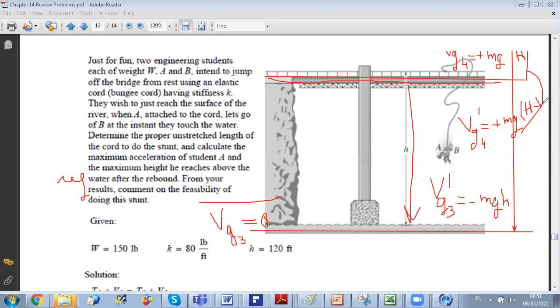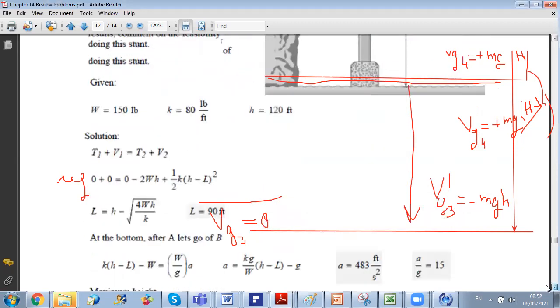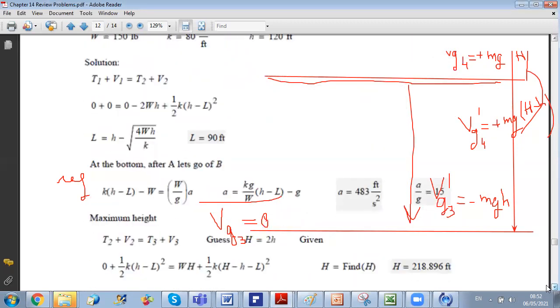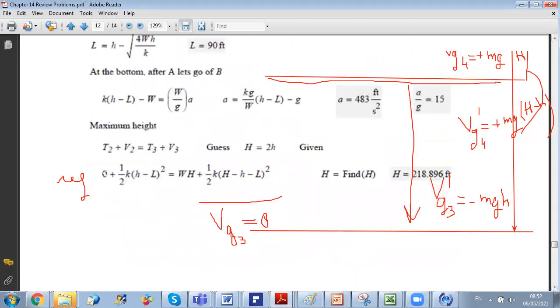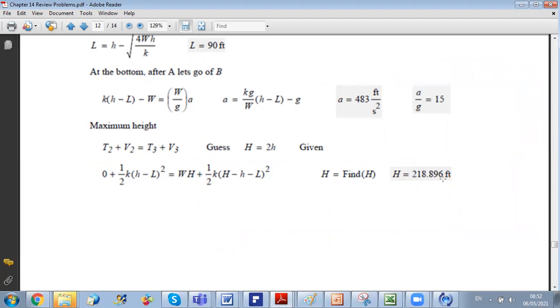If you do the difference now delta V هيطلع لكم ب both cases هتكون mg times big H. Okay, so it's the same result. فإذا this equation once you solve it the only unknown is the value of big H. وهن طلعوا انه big H هي 218 feet.